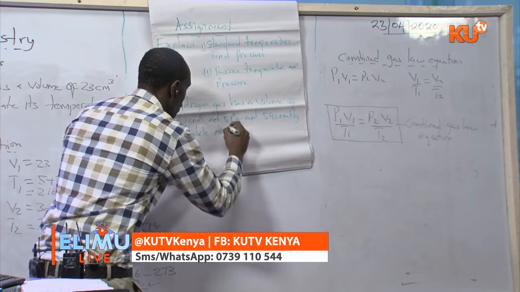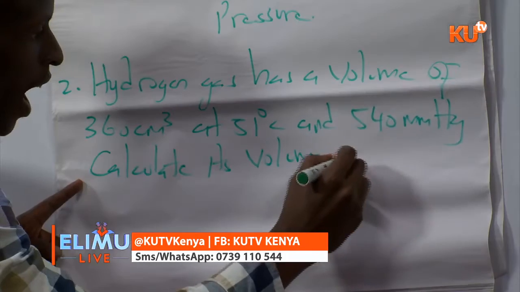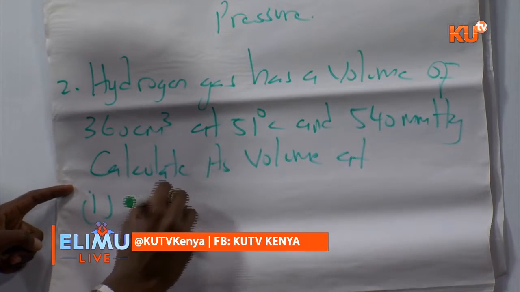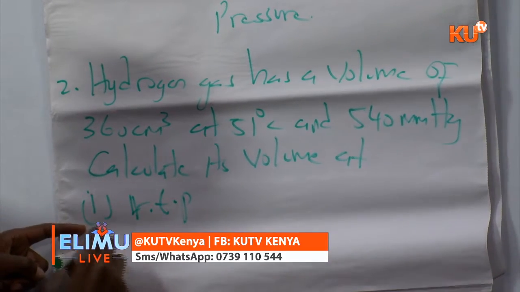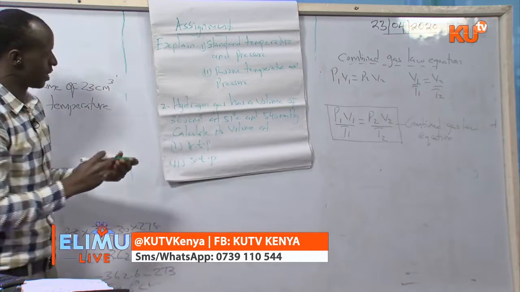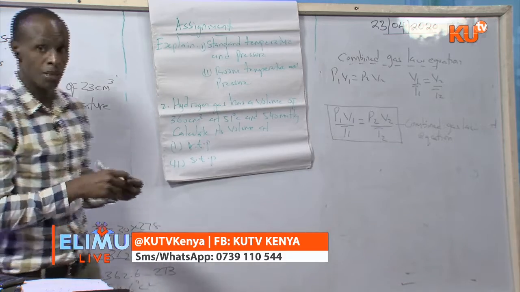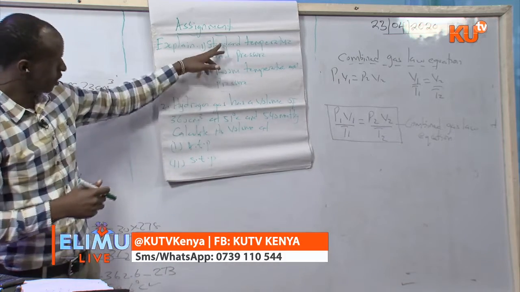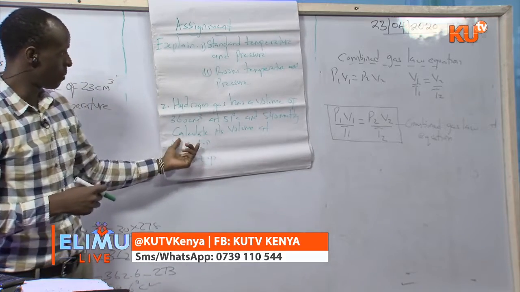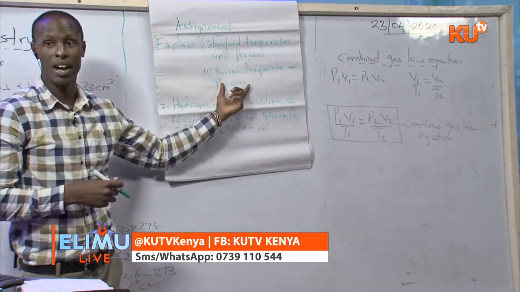Calculate its volume at, 1, RTP, and 2, at STP. STP is standard temperature and pressure. RTP is room temperature and pressure.